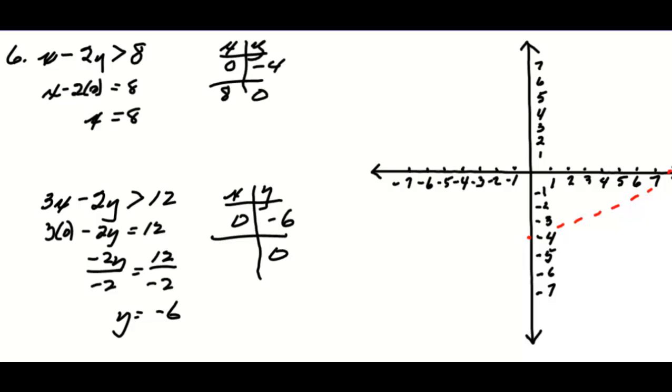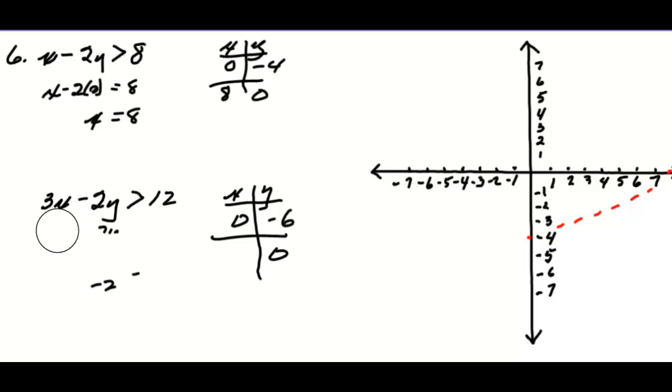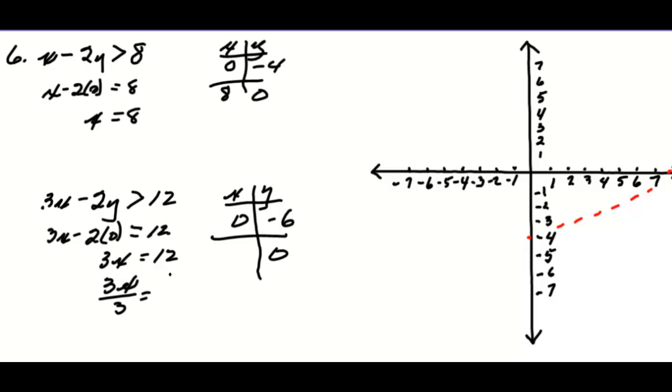The second part of that is what happens if y is equal to 0. Going back and substituting in now, we will have 3x minus 2 times 0 equals 12. 3x equals 12. 3x over 3 equals 12 over 3. And then x is equal to 4.